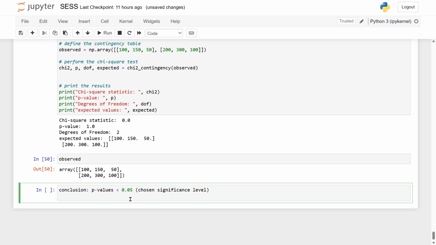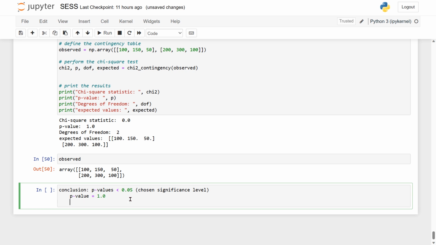But what we got is a p-value equal to 1.0, and the significance level, alpha, is equal to 0.05.